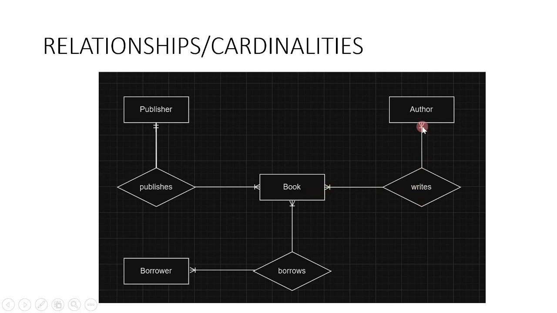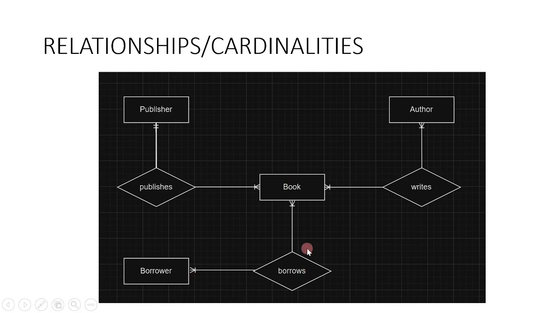It is possible that one author could write many books, or one book could be written by one or many authors. Then for the borrower, again we have a one or many relationship. Why? Because a borrower can borrow one or many books, or one or many books could be borrowed by one or many borrowers. So all of them are many to many.